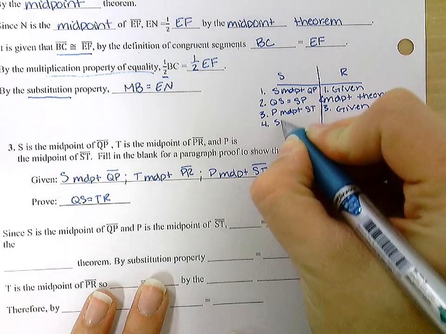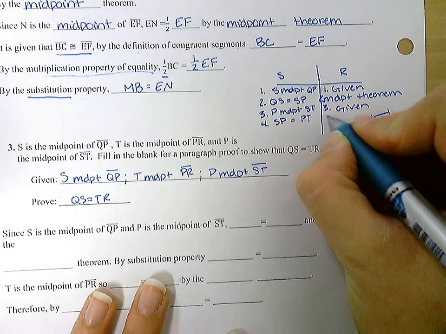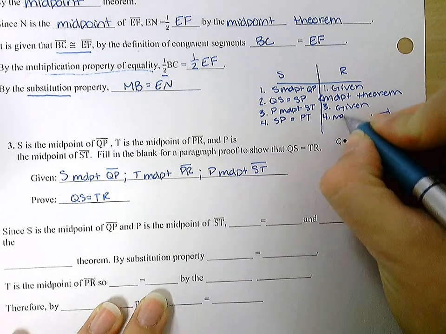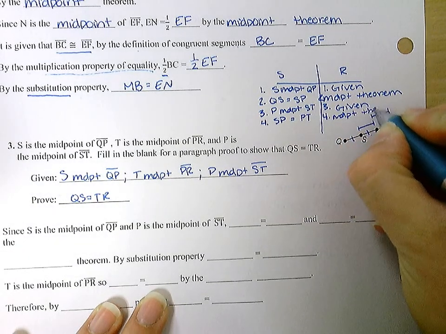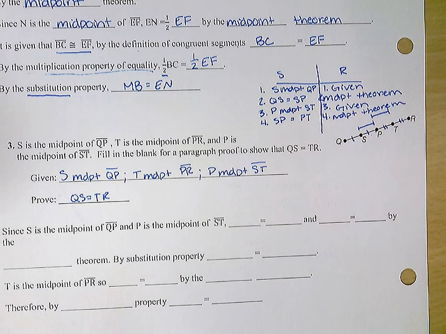So I would say SP is equal to PT. And again, that is by the midpoint theorem because I'm using that midpoint. You see how I'm structuring this? You're with me?